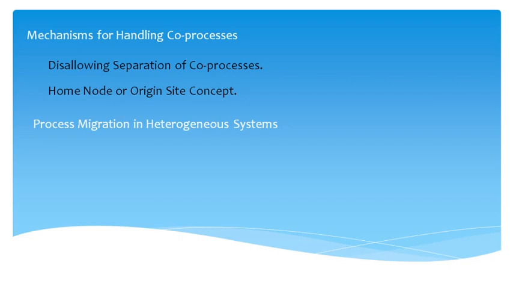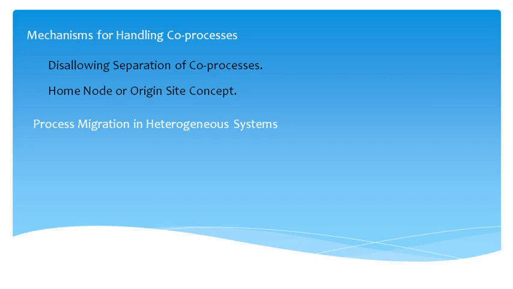The other one is the home node or origin site. This method allows complete freedom of migrating a process, and gives independent access to the sub-processes which are executing on different nodes.